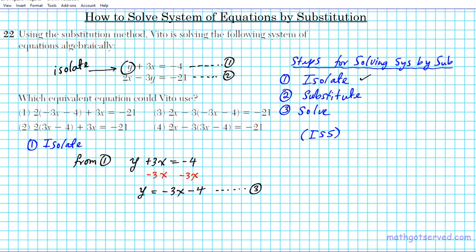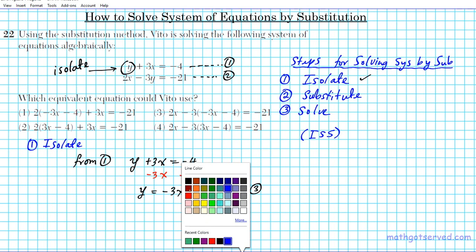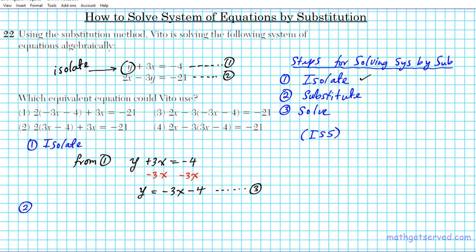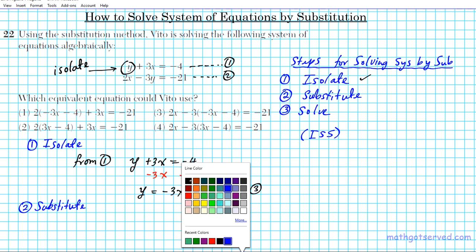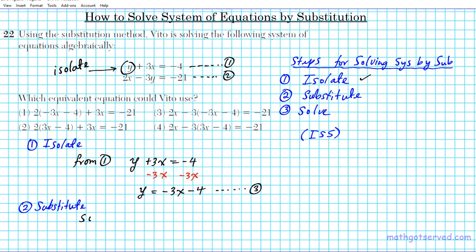For the substitution step, step number 2, this is what you are going to do. We are going to substitute this value, -3x minus 4, for y in the other equation, namely 2.